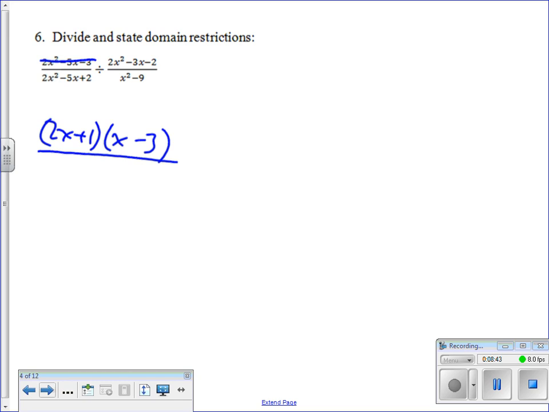I need to factor my denominator here, 2x squared minus 5x plus 2. 4, -5. Two numbers that multiply to give me 4, that add to give me -5. Positive 4 gives me -5? -4, -1.